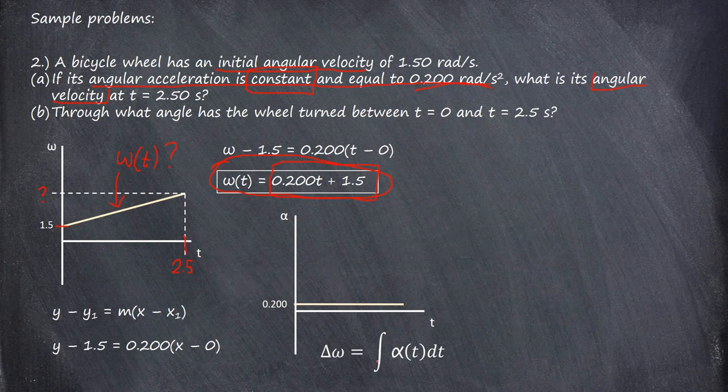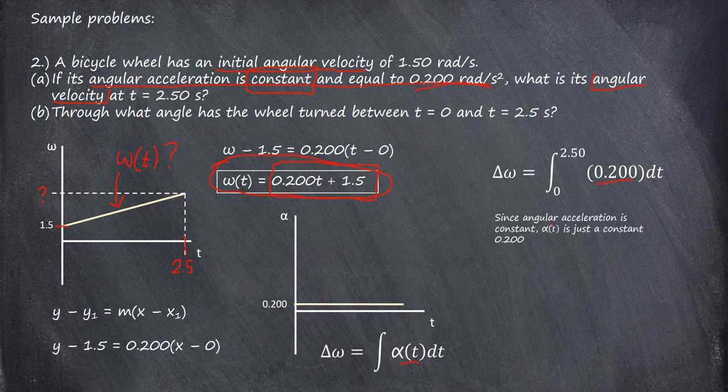And the formula is the integral of alpha of t dt. As I mentioned, our alpha is a constant, so we just write 0.2. And our integral is evaluated from 0 to 2.5 seconds. Since angular acceleration is constant, alpha of t is just a constant, 0.2.